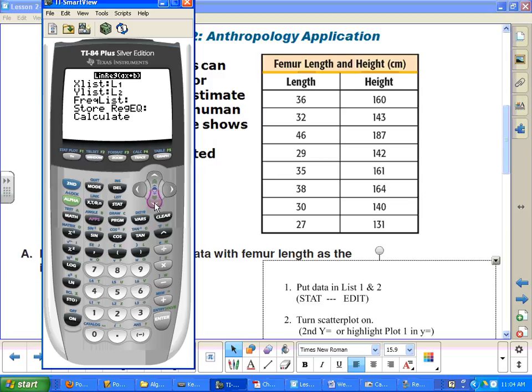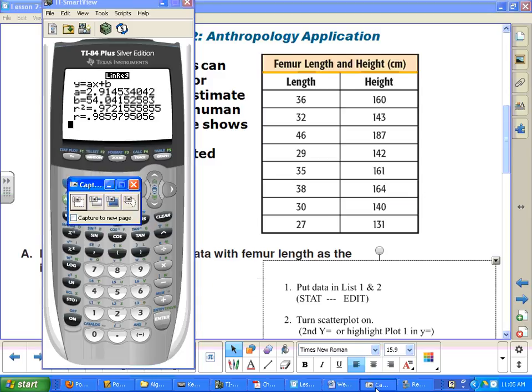So we're going to go down to where it says Store RegEQ, and if I press Alpha and Trace, it puts me at Y1 there. And then just hit enter to go down to Calculate, and hit enter for it to do the calculations.